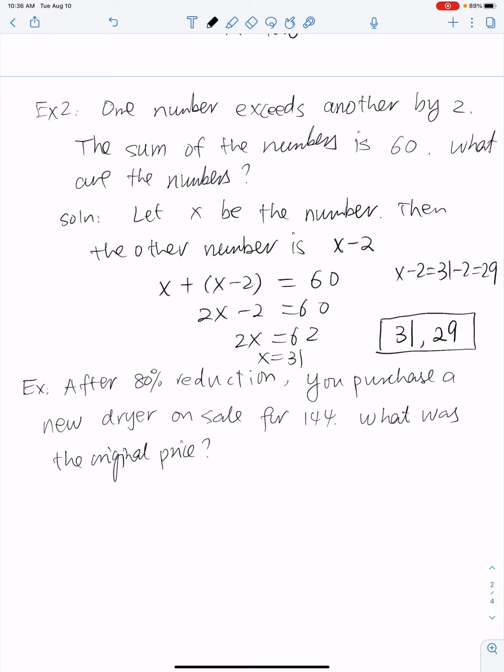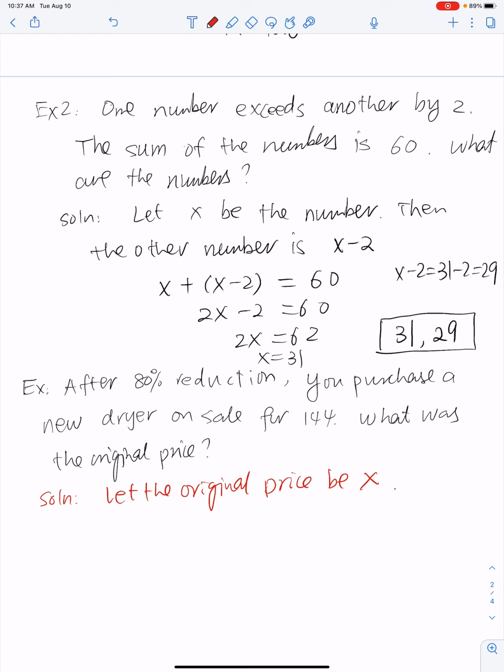Okay, the next example. After an 80% reduction, you purchase a new dryer on sale for $144. What was the original price? Let the original price be x. What should we do?